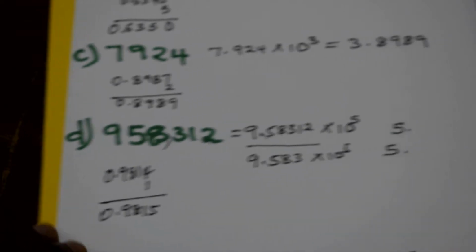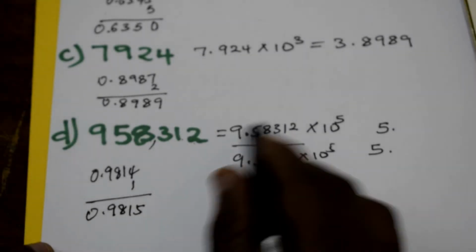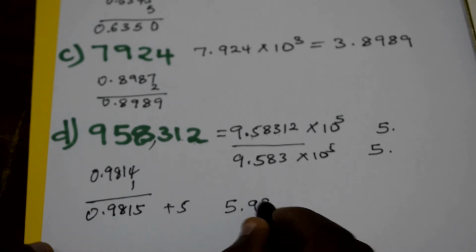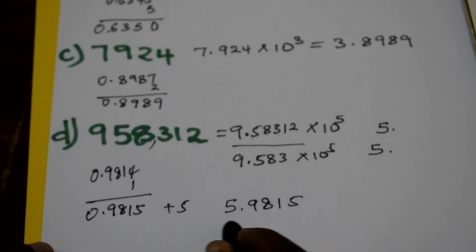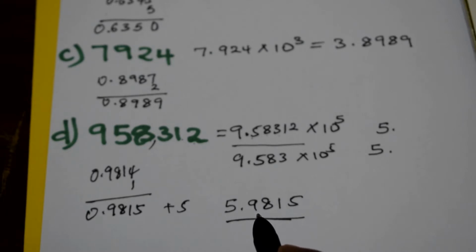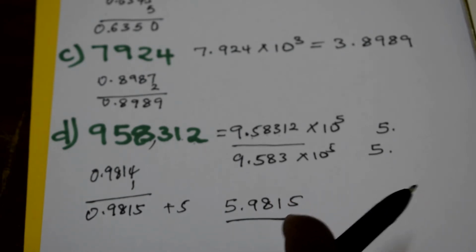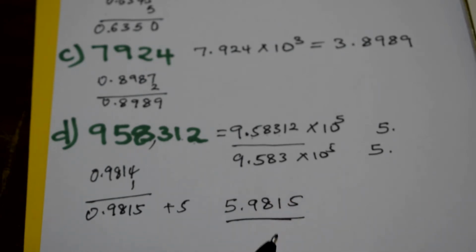Adding the characteristic 5, we get 5.9815, and that's the log of 9.583. So that's how we read logs of numbers which are more than 1.